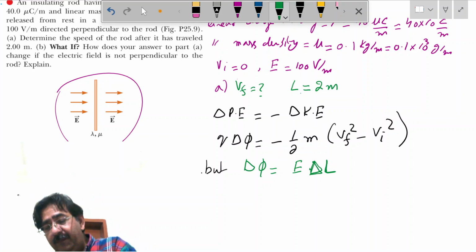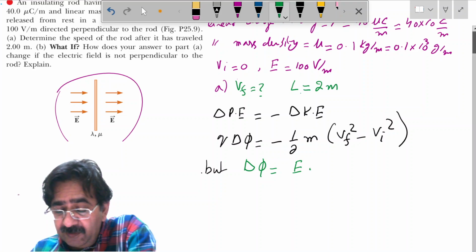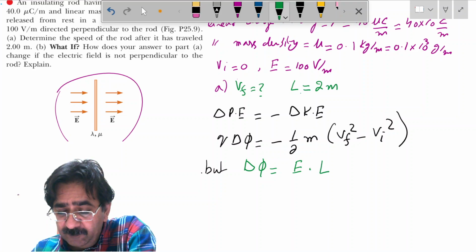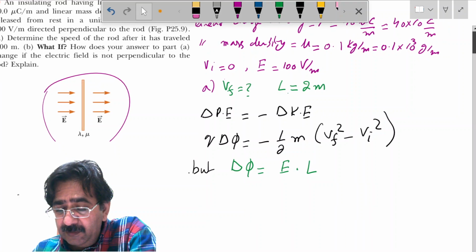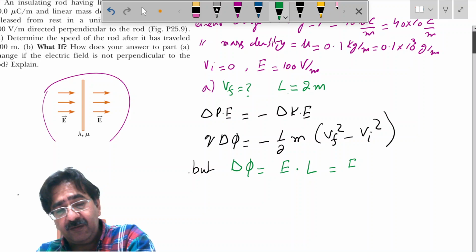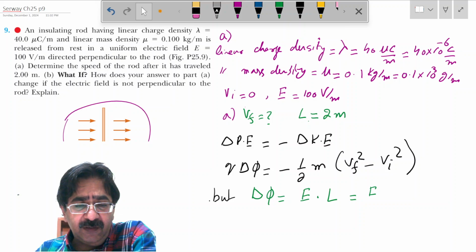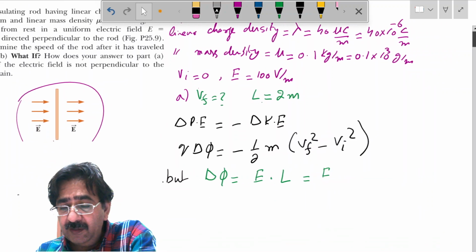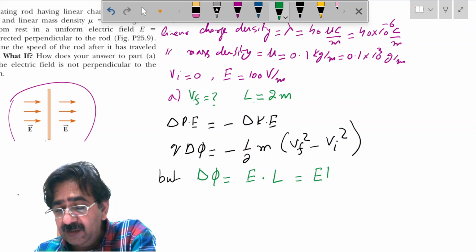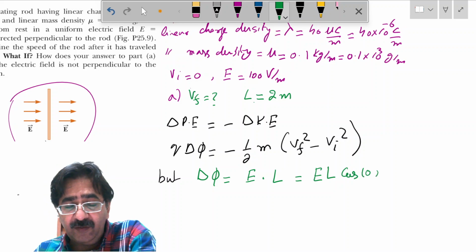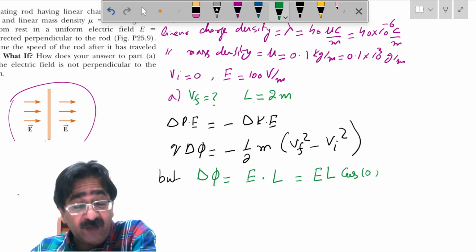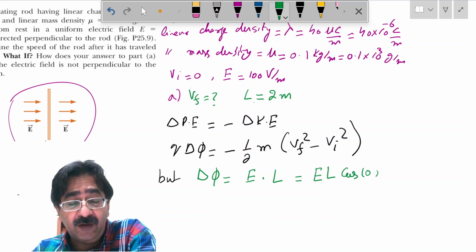Always remember, E dot L involves the angle between them. Because the rod is moving, the speed of the rod after it has traveled 2 meter means it moves along the field, so cos will be zero degrees. The electric field is perpendicular to the rod, but the movement of the rod is along the electric field, because this motion is due to the electric field.